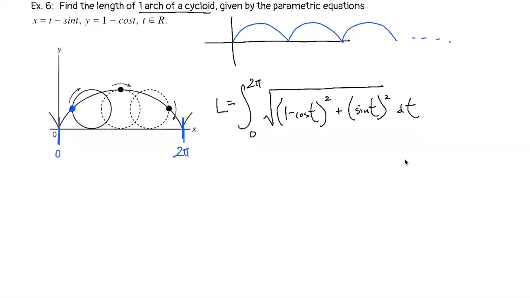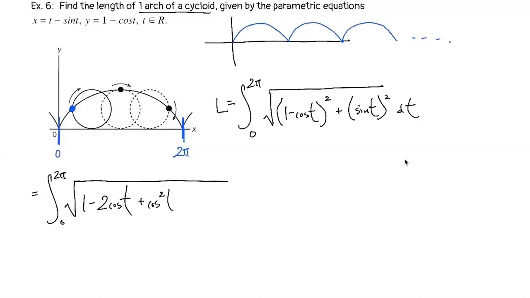So let's start expanding. This is going to give us the integral from 0 to 2 pi of the square root of 1 minus 2 cosine t plus cosine squared t plus sine squared t dt.